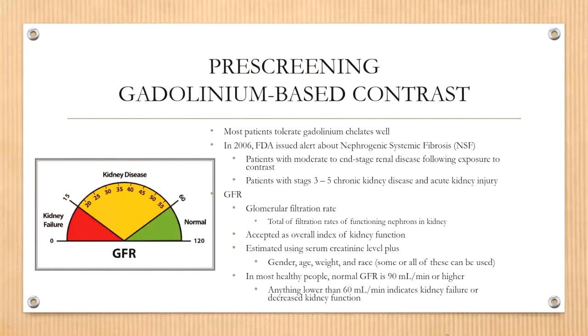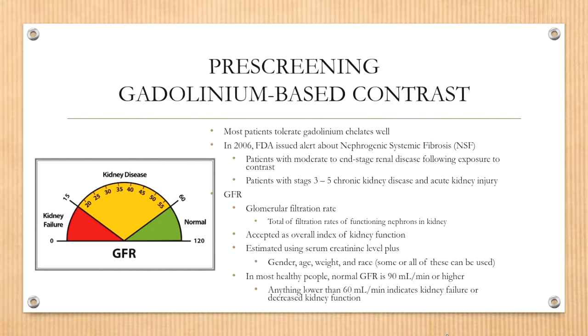But in 2006, the FDA issued an alert about nephrogenic systemic fibrosis, which is abbreviated as NSF, and we've talked about this, of course. But as a review, NSF is a condition that is caused by the injection of contrast agents like gadolinium.